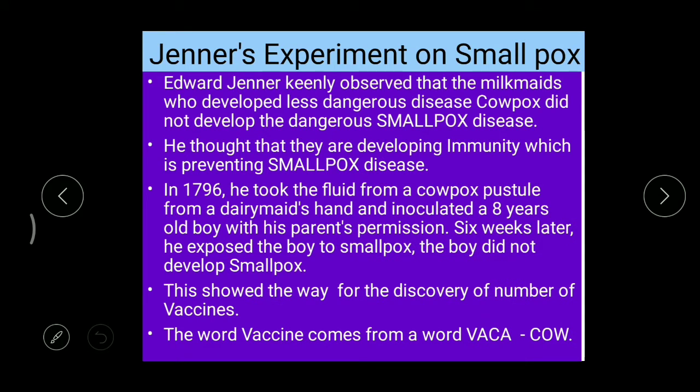Edward Jenner, at the time, he observed very carefully that milkmaids, that means the people who grow cattle. Cattle means, say, this cow, ox, buffalo, like these animals. These milkmaids, they commonly got a very simple disease, that is cowpox.